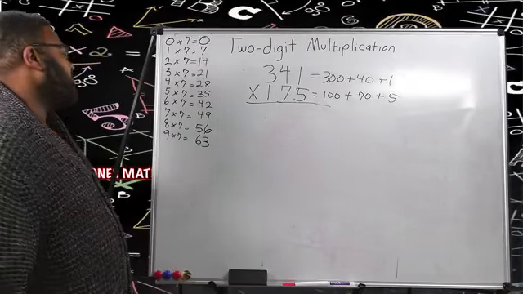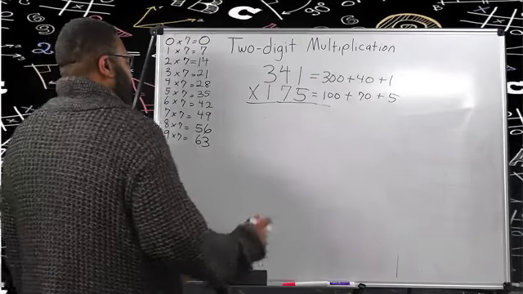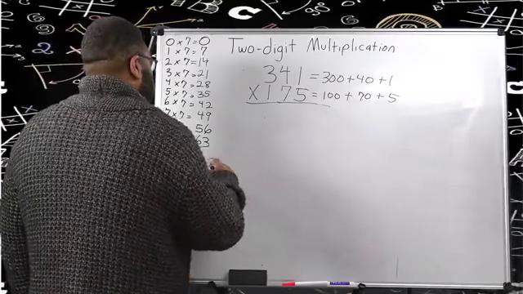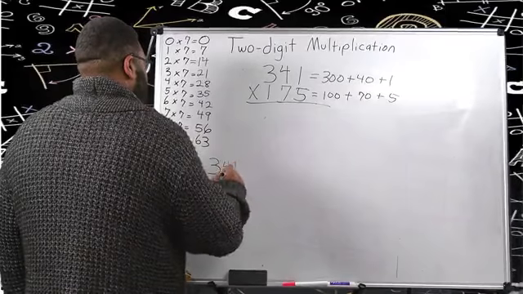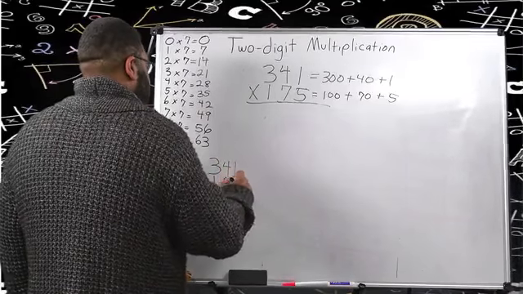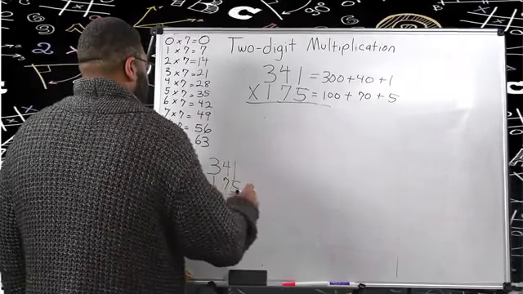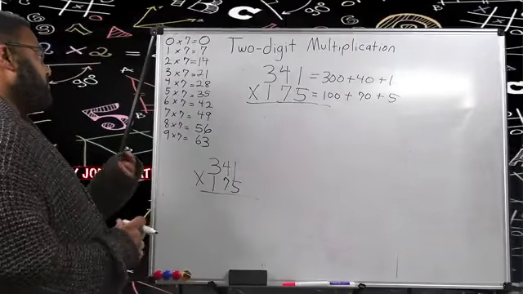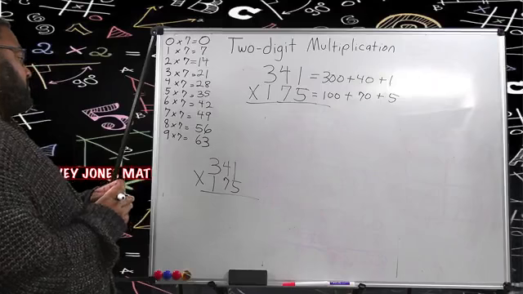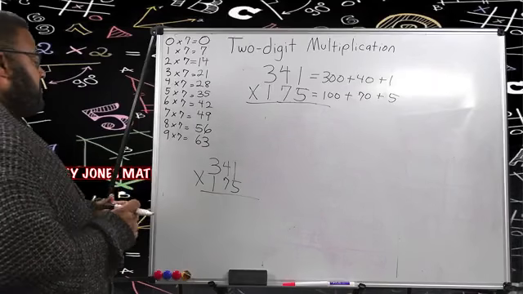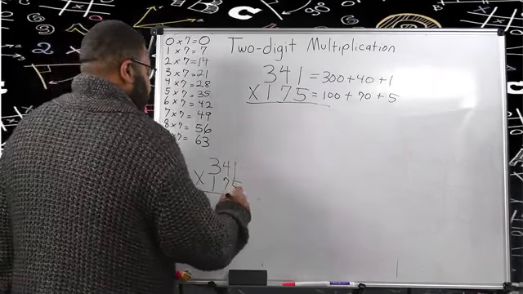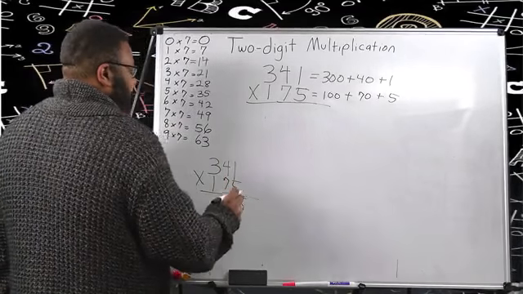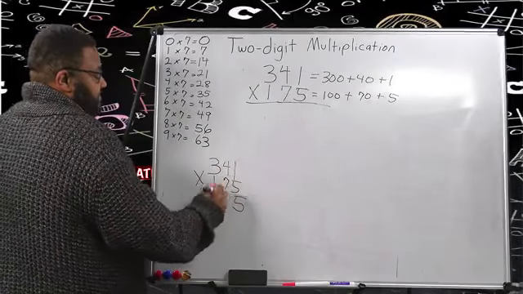Let me show you how it's going to look Daddy's way. 341 times 175. Five times 1 is 5. We're still going up and over, up and over. 5 times 4 is 20.